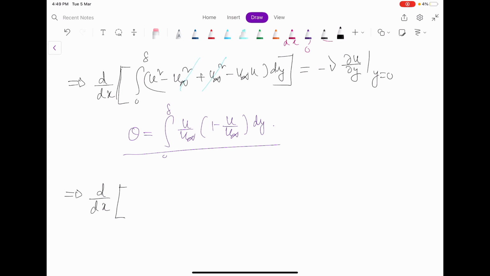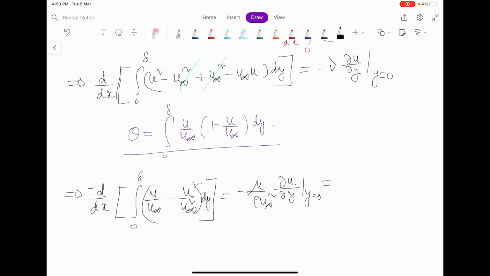Now if I divide by u infinity square, then you will see that this is minus of this, and this is dy, so delta is equal to minus of, now this is mu by rho, u infinity square, and mu into del u del y at y equal to 0 is tau wall, so that is tau wall by rho u infinity square, and the minus will be cancelled out.